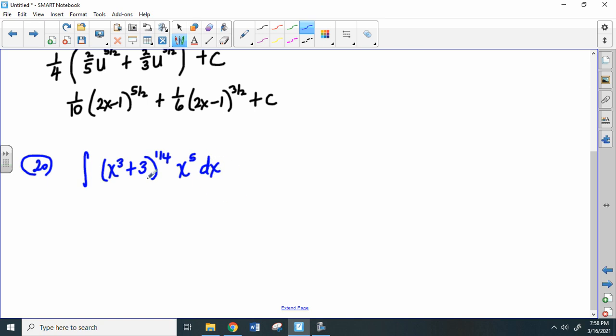So I actually have two things raised to a power, but technically a binomial is more complicated. So that should be the first thought for your u, x cubed plus 3. All right, well, du then would be 3x squared dx.